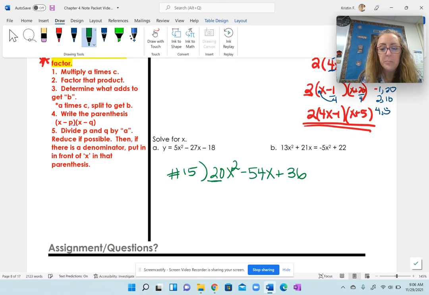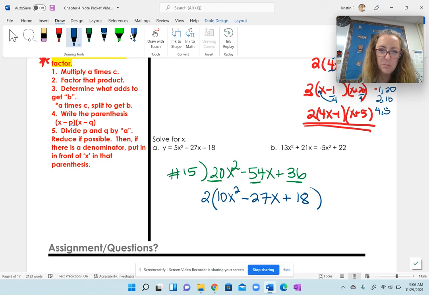A, B, and C all have a common factor. 2 goes into those three values. If we factor the 2 out, we would get 10x squared minus 27x plus 18. Still some big numbers to work with, but they should be more manageable than the 20, the 54, and the 36.